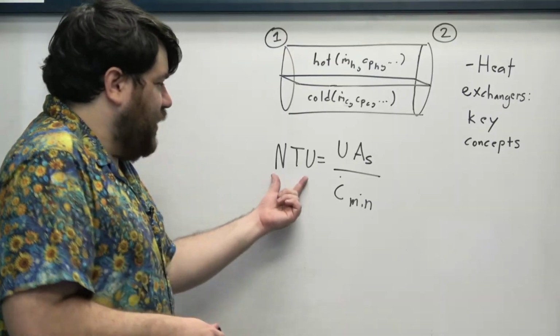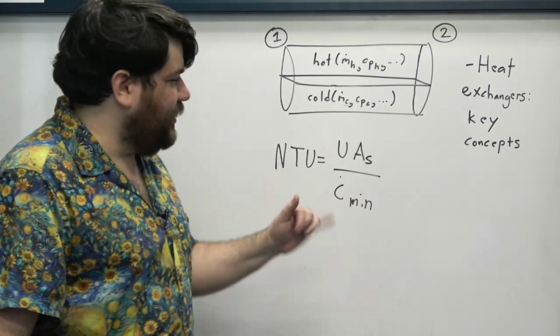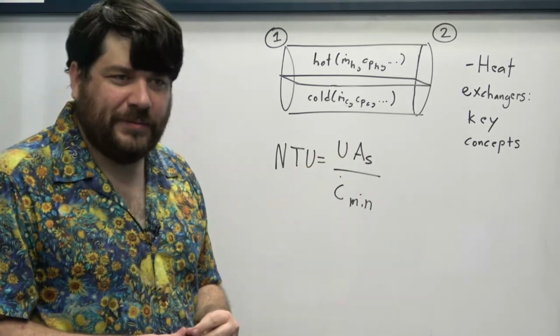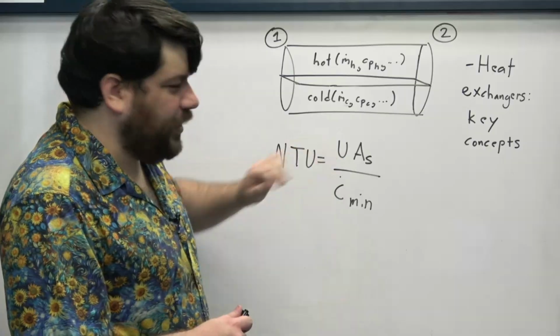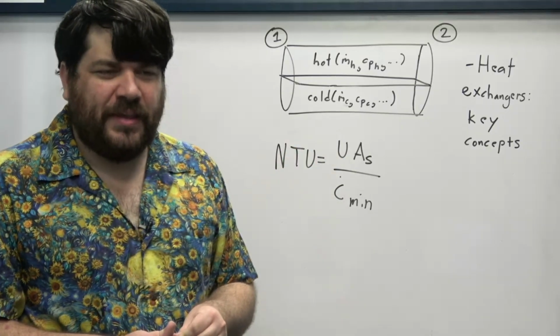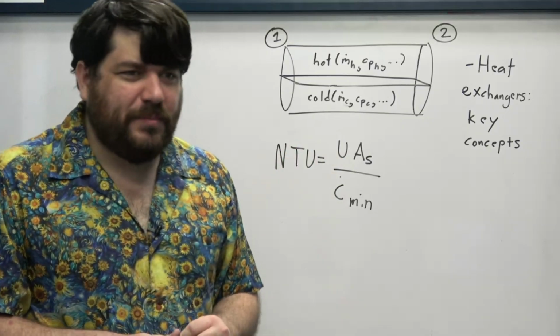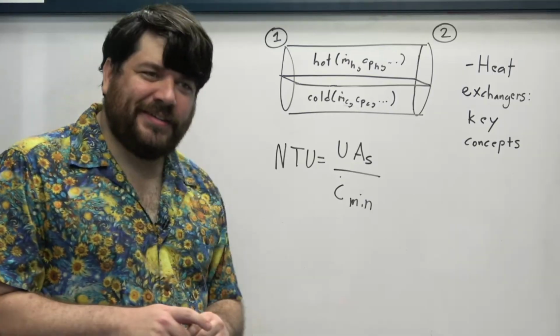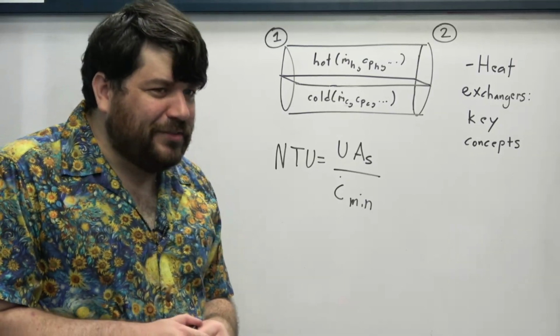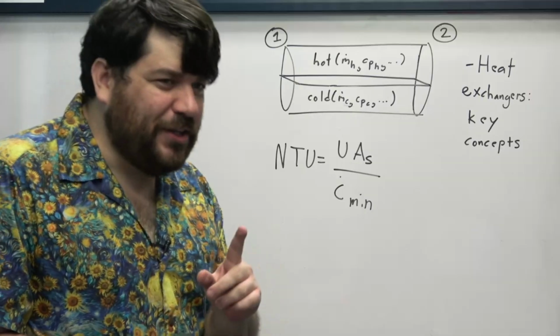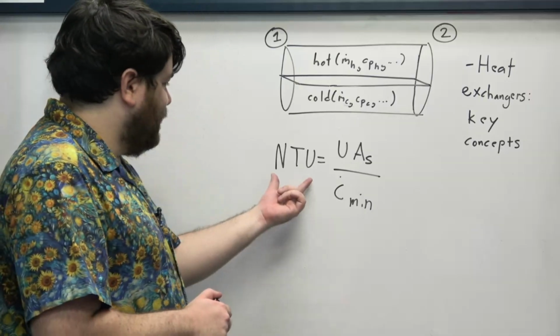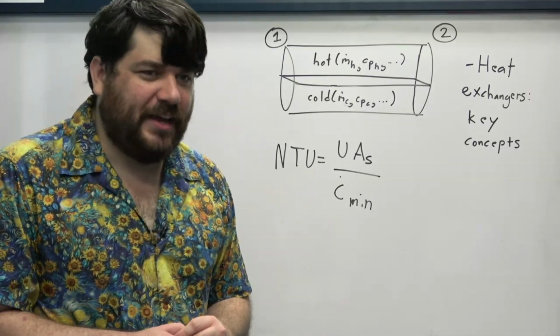And so this is just a way to reformat or repackage the information associated with the overall heat transfer coefficient. And you may ask yourself, why do we bother doing this? Well, what units did the effectiveness have? What units does this NTU thing have?